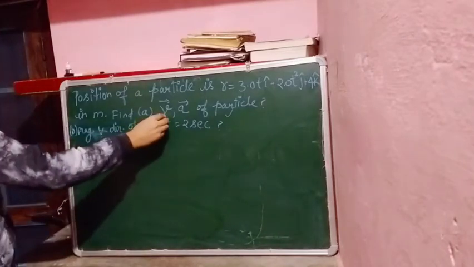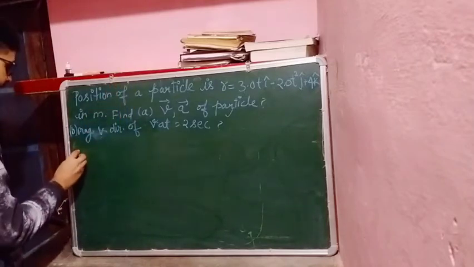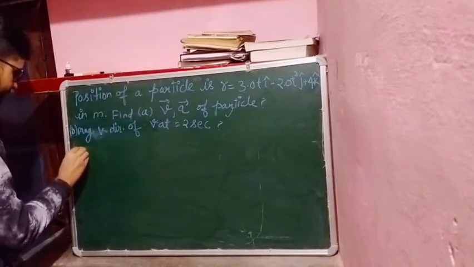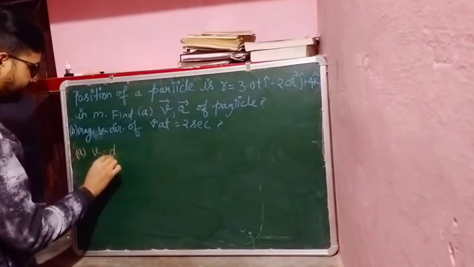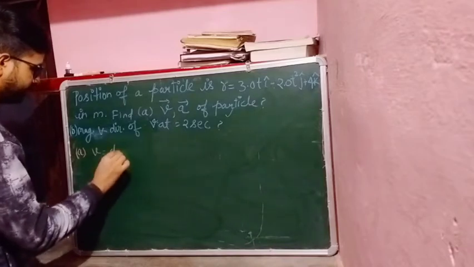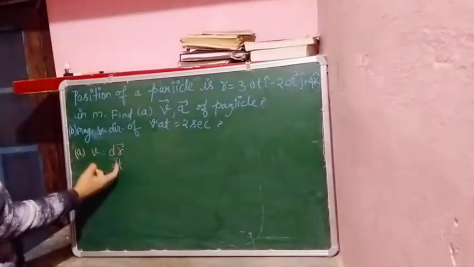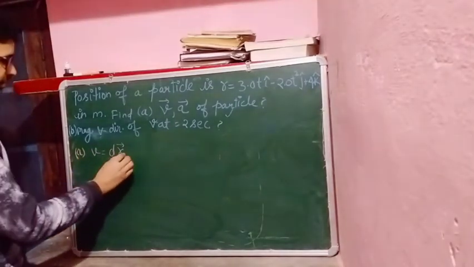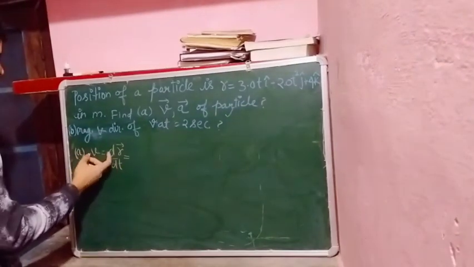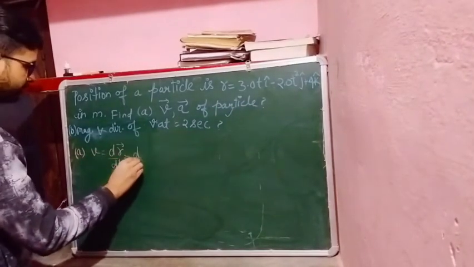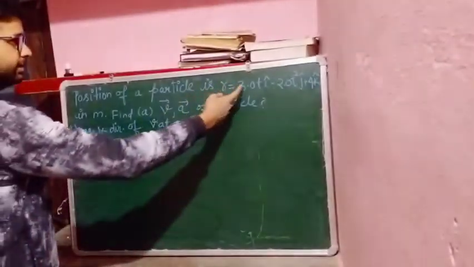First of all, we have to find velocity. To find velocity, first part, what is velocity? We know that it is the first derivative of the position vector. So differentiating the position vector with respect to time will give us velocity, and r is this.